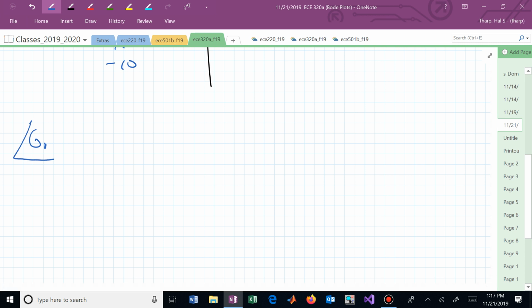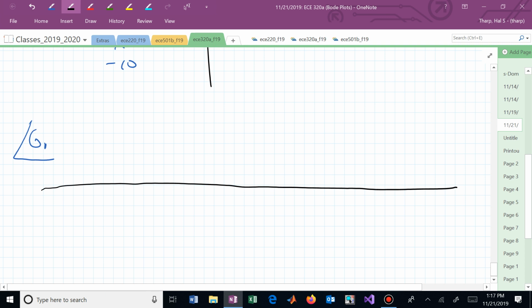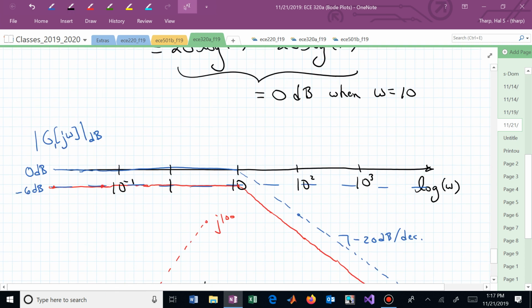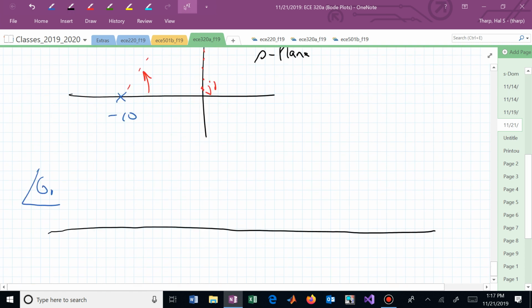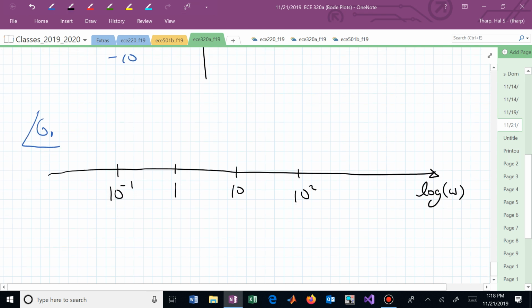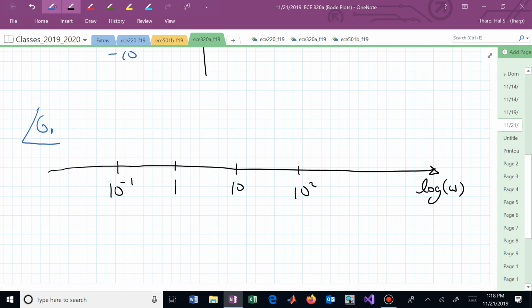Sorry. But if you're now sketching these, you would align your frequency axis so that now this is 10, this is 1, and let's just say that this point is minus 90 degrees.